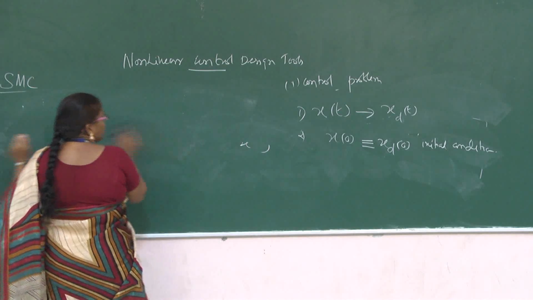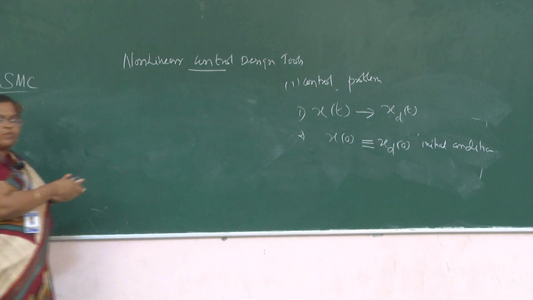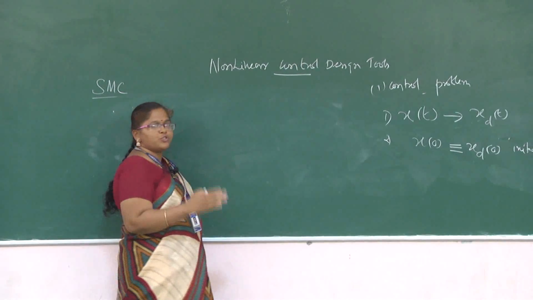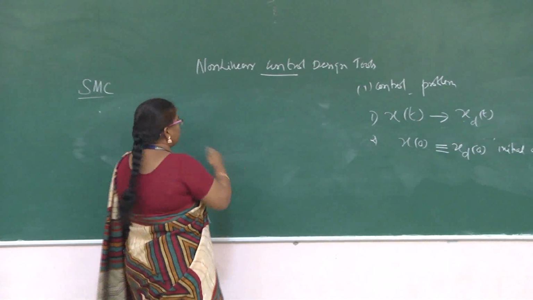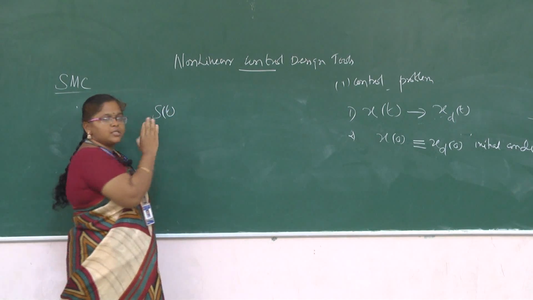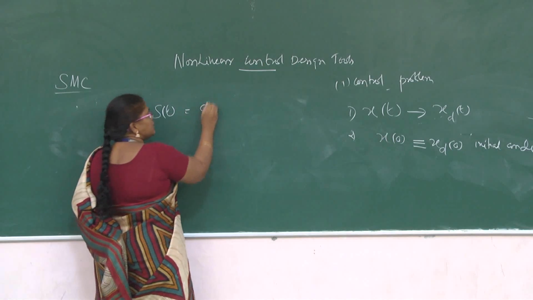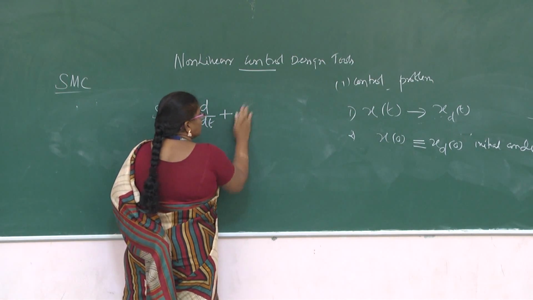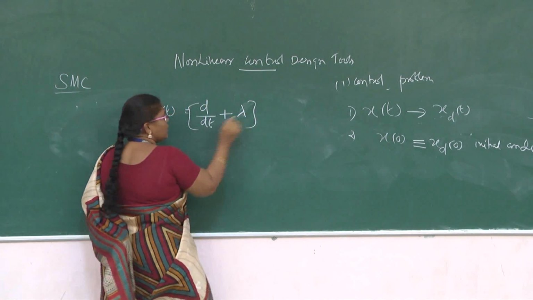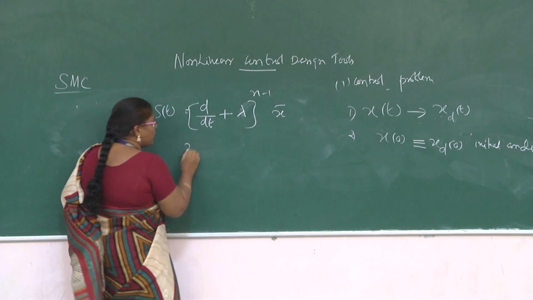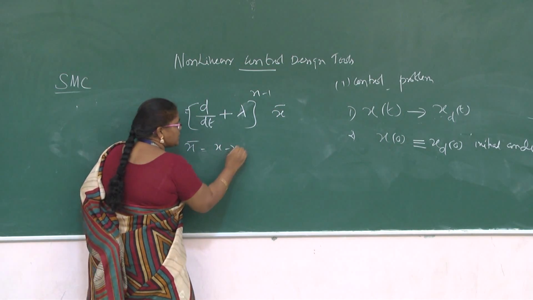Then next, we need to define a time varying surface on which x of 0 and xd of 0 can survive. For that I am going to define one time varying surface, which is a scalar function: d by dt plus lambda, to the power n minus 1, into x bar, where n is the order of the system and x bar is x minus xd.